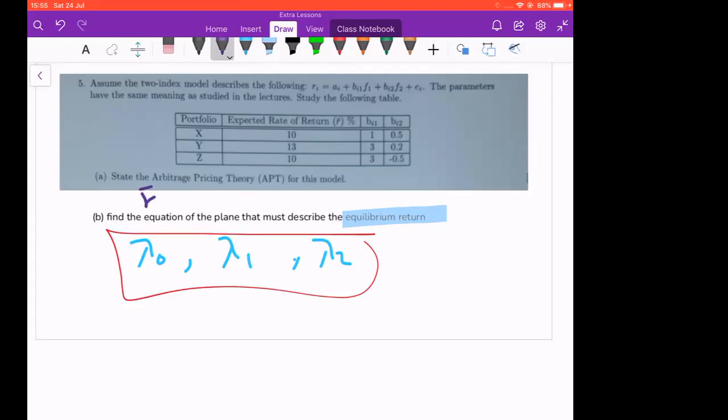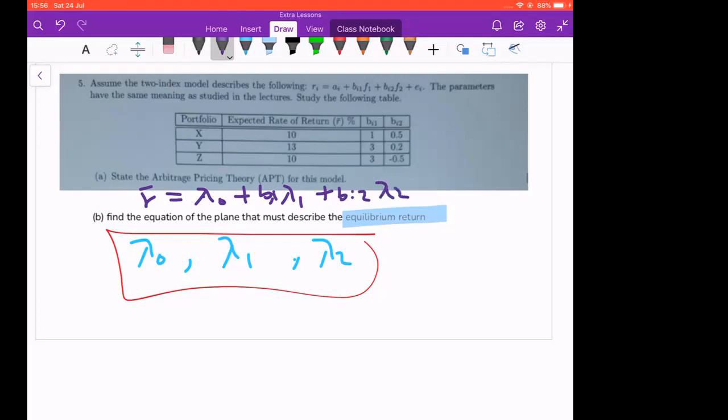Remember that this equation is going to be like this. This is the equation of the arbitrage model, right? So you're going to write it like this: beta I1 lambda 1 plus beta I2 lambda 2.